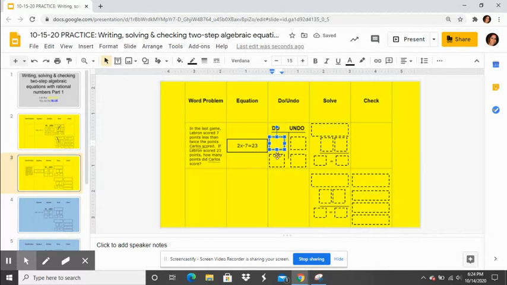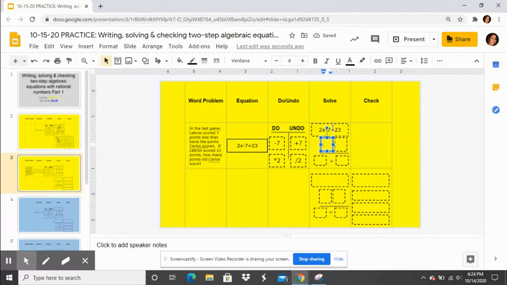So my first do is the constant, the number by itself, which is the minus 7. You undo that by adding 7. The second do and undo, the 2 is being multiplied, so that's going to be times 2. And so to undo it, you divide by 2. Copy my equation here, 2x minus 7 equals 23.